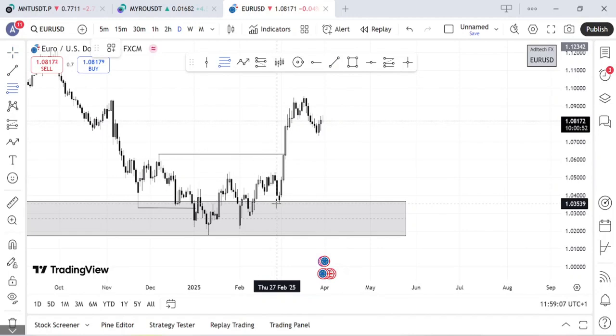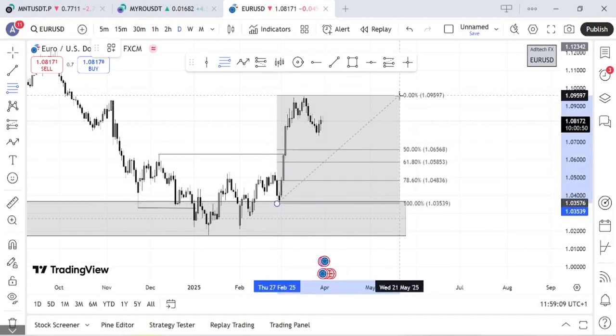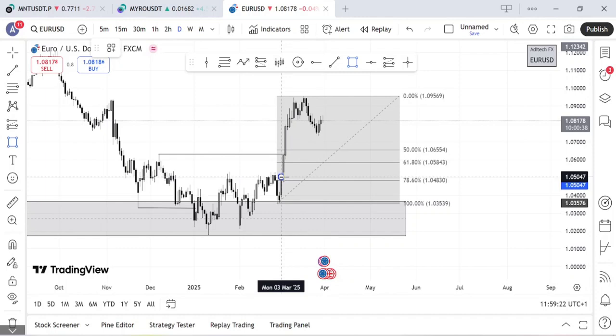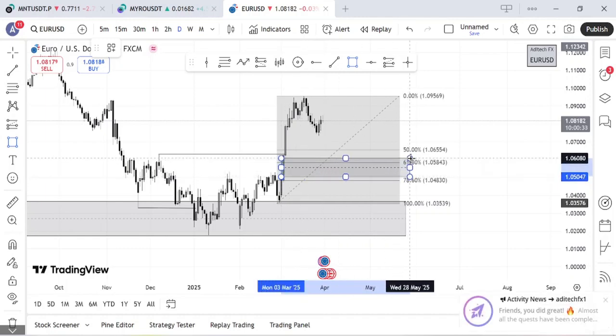If you take our Fibonacci right here, remember I told you we are going to be looking for buying opportunities within 61 and 78. So within 61 and 78 we have a fair value gap right here. This is how you mark it: within the high of this candle and the low of the next candle. That's called a fair value gap, right?